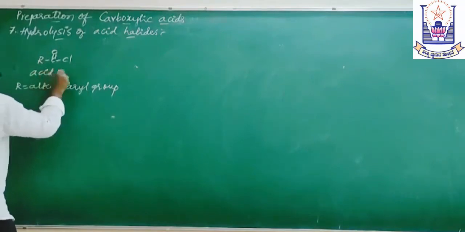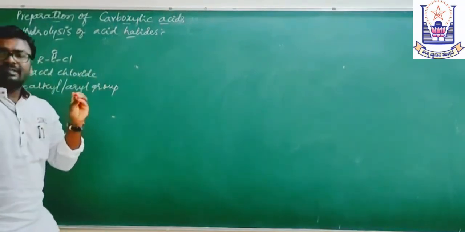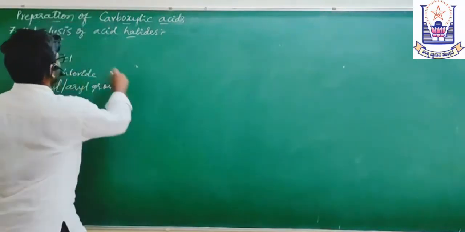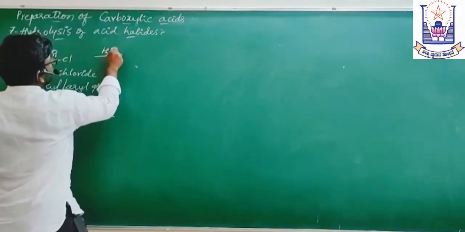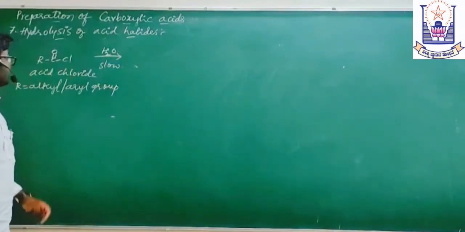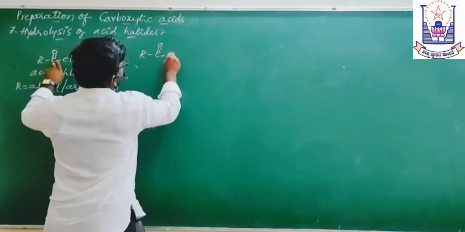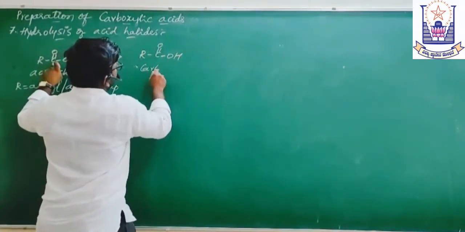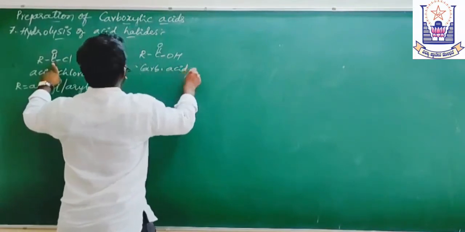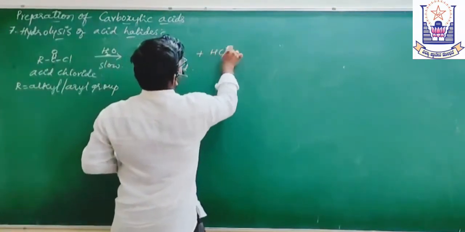Acid chloride. The direct addition of H2O will be a slow reaction. It will give the corresponding carboxylic acid plus HCl as the product.